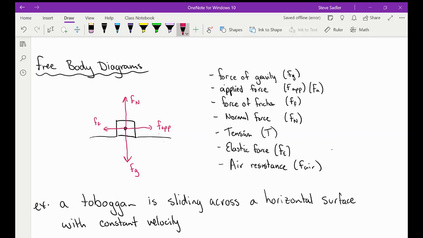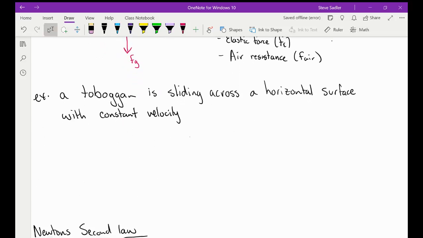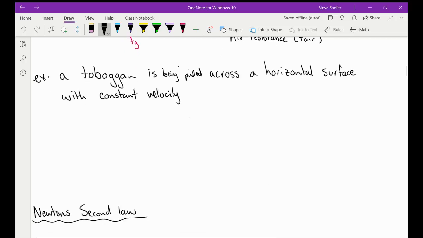So something like that. That is a typical free body diagram. It shows all the forces acting on this object, and you can start to see what's actually happening. So you see here a toboggan is being pulled across a horizontal surface with a constant velocity.